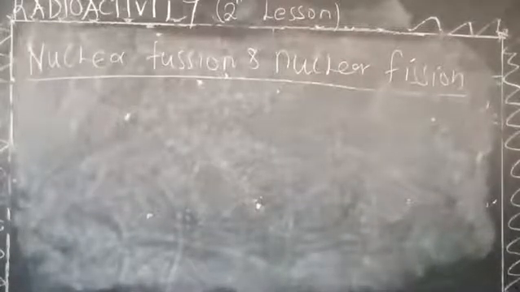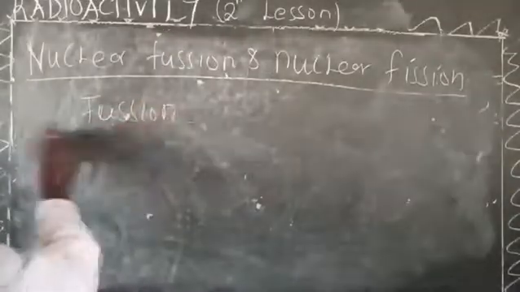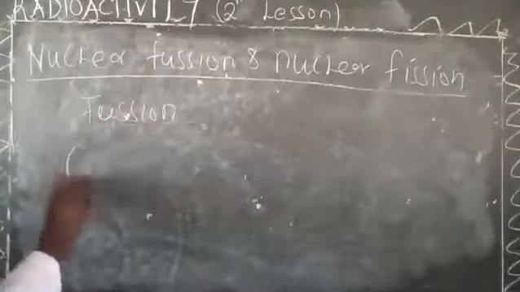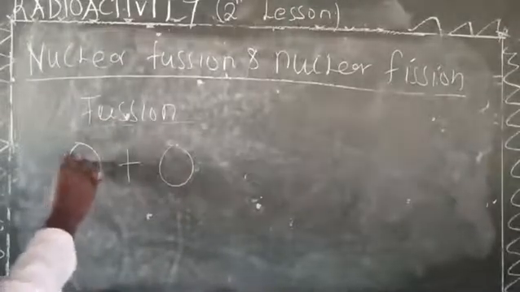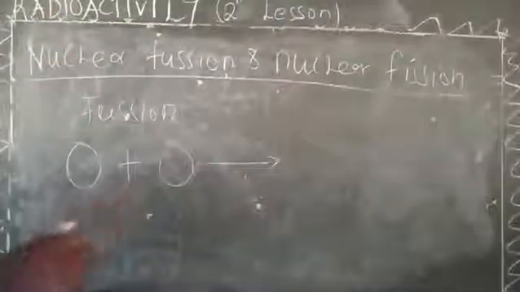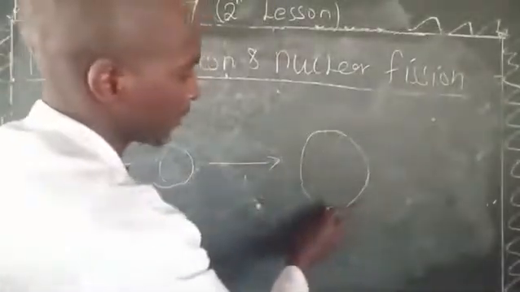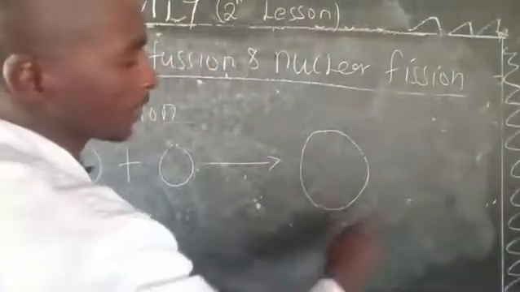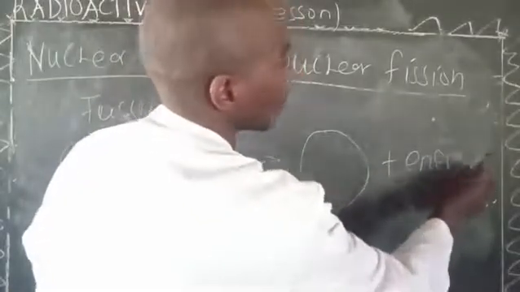So for nuclear fusion to take place, we will have two light nuclides that combine to give us one heavy nuclide, and then there is always the release of energy.